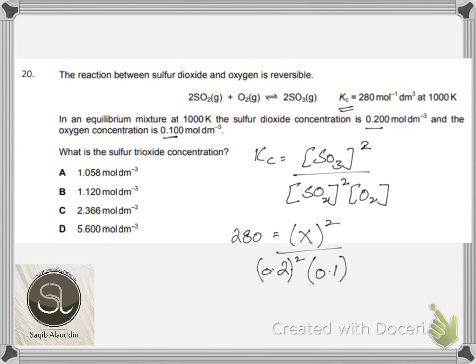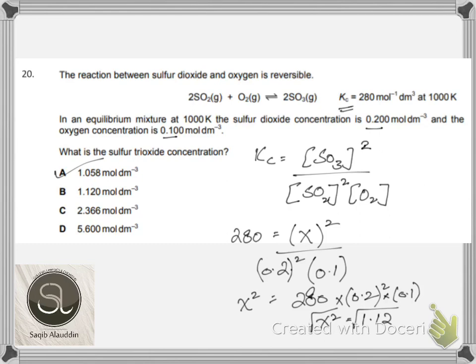If you make X your subject, that makes it 280 into 0.2 square into 0.1. Remember that you calculate this, I think it's 1.12, take the root of it. I guess A will be your answer. If you take the root of 1.12, option number A is your answer.